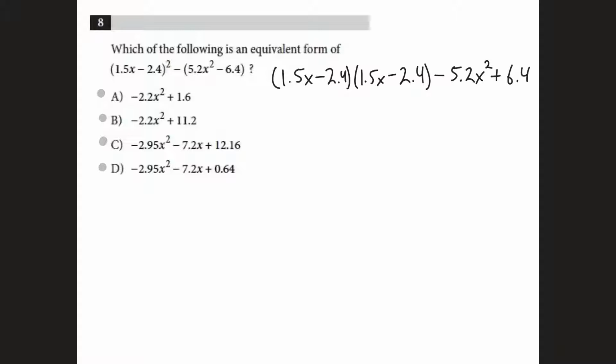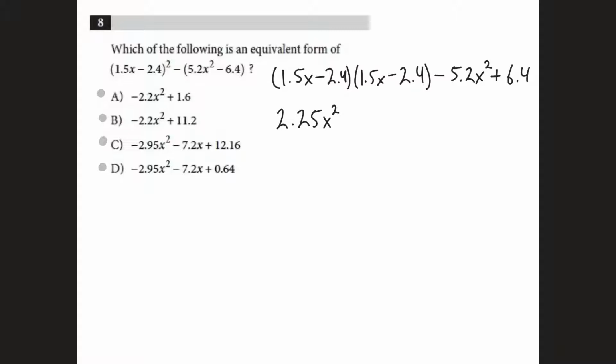We're going to get 1.5 times 1.5, that's going to be 2.25x squared, and then we're going to have 1.5 times 2.4.